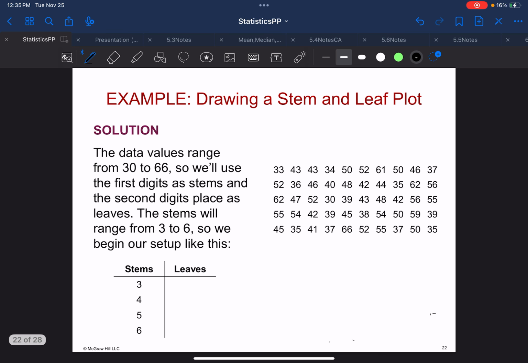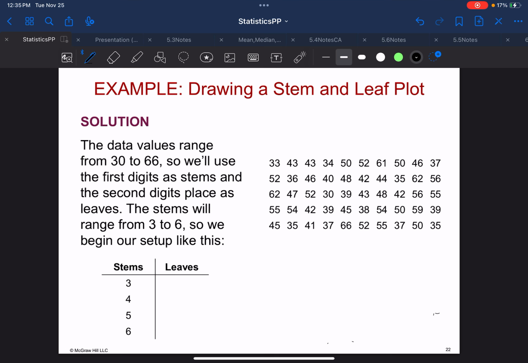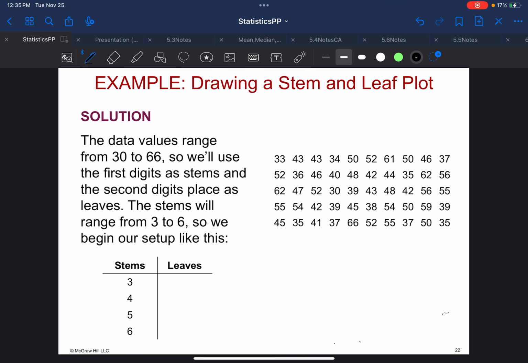So if you notice the data, the smallest value in this data set looks to be, the one I see right now is 33. Let's see if that's the smallest one. Oh, I see a 30, so that must be the smallest one. So 30 is our smallest value.